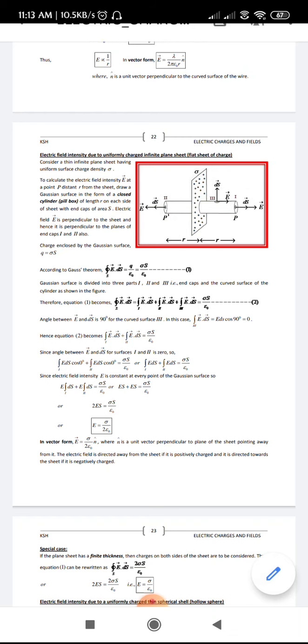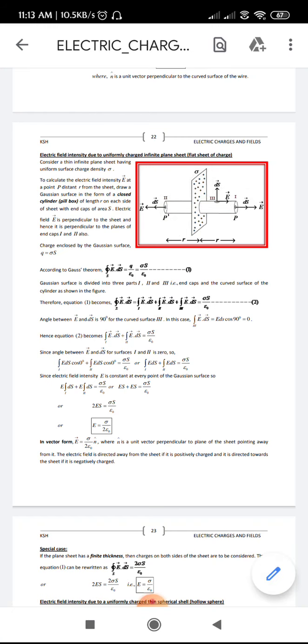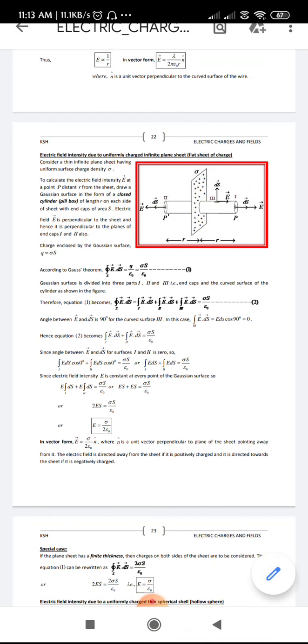So this is regarding the electric field at any point.